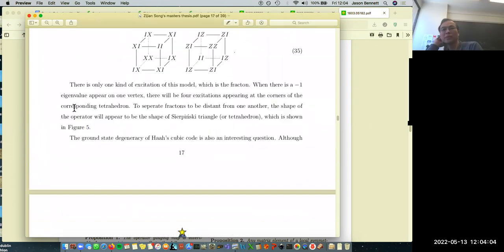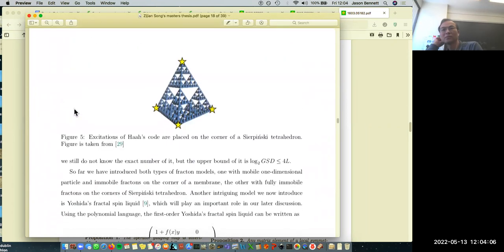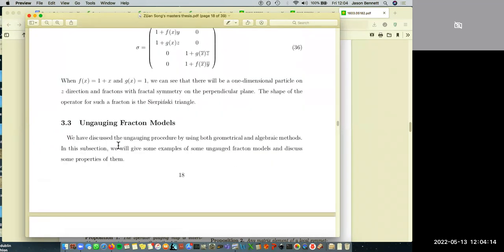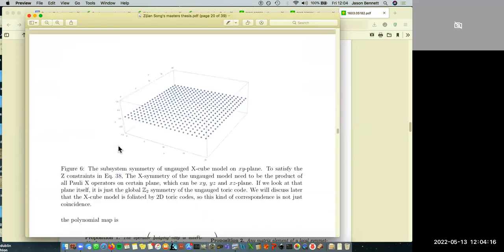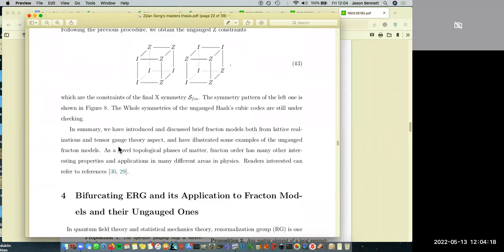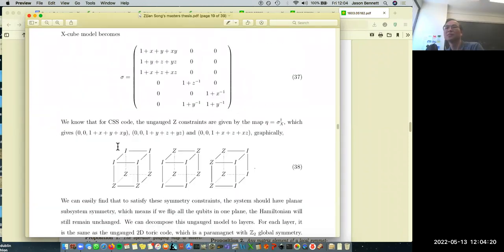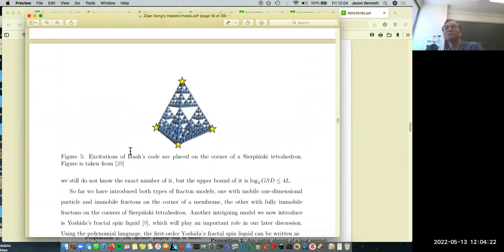Yeah, there's one picture on them. Right, it looks fractal. Yeah.